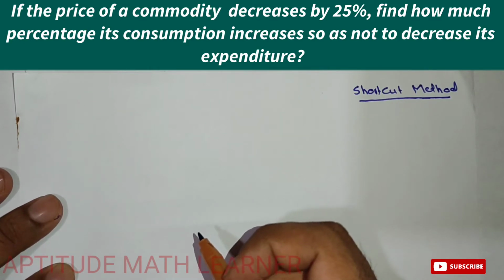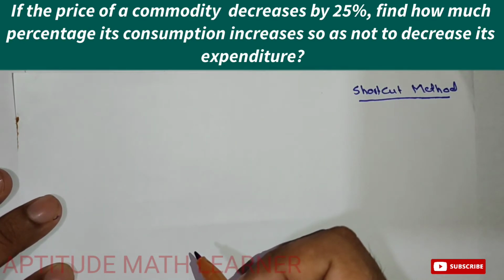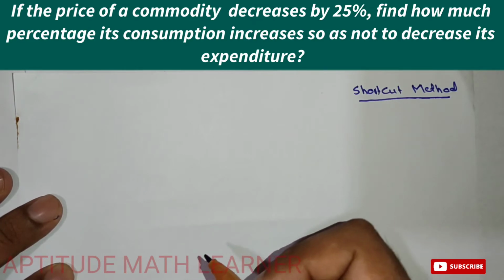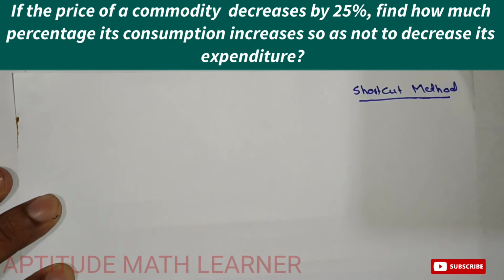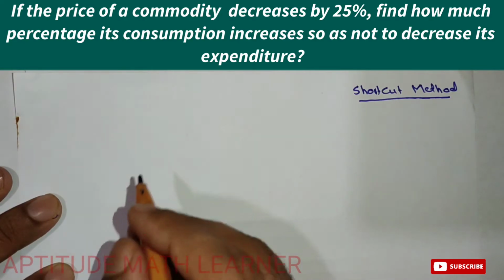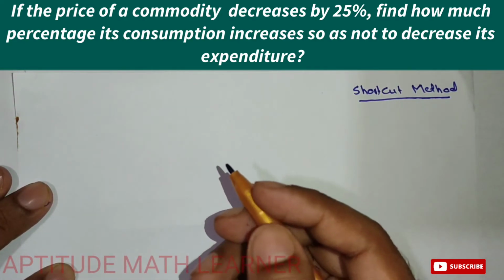So the first thing we take is, let the commodity price be 100. So the first price of the commodity we have supposed is 100.